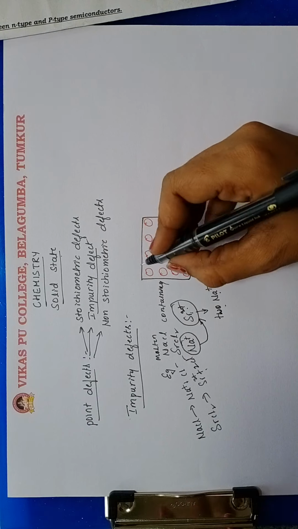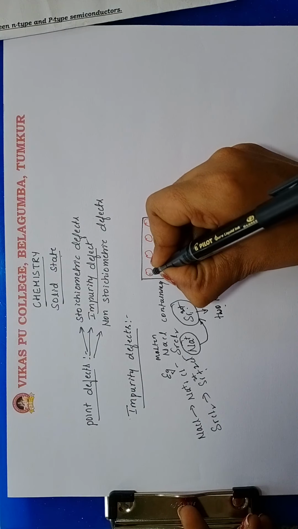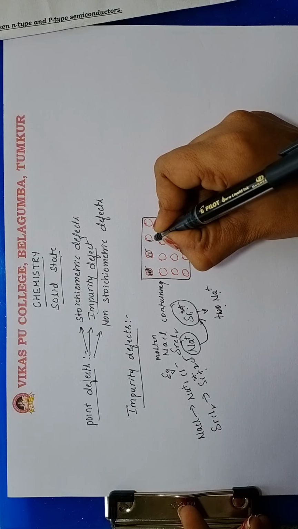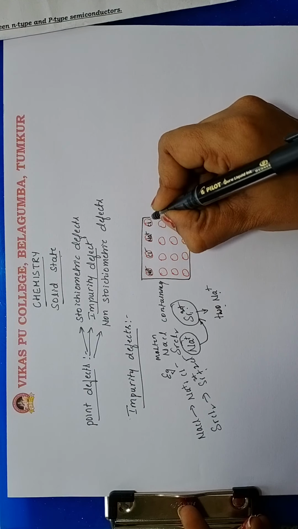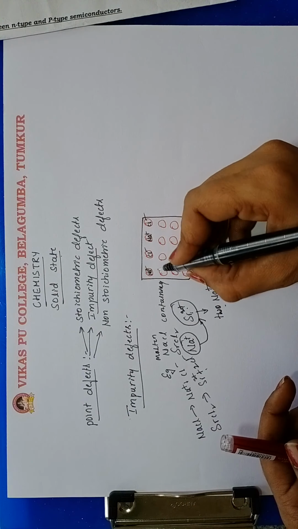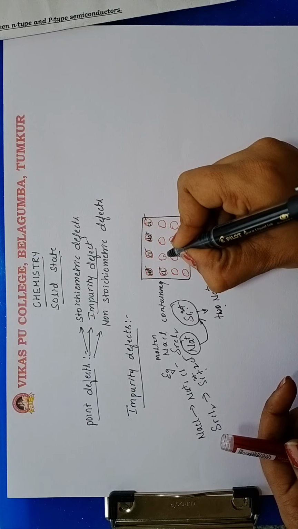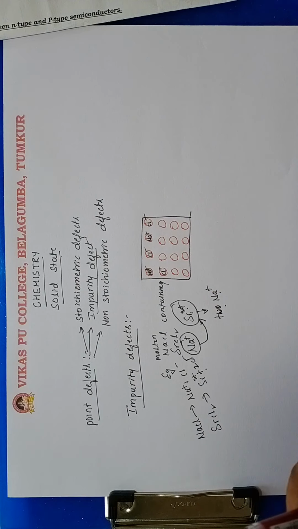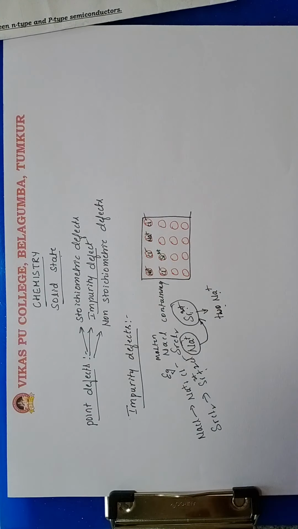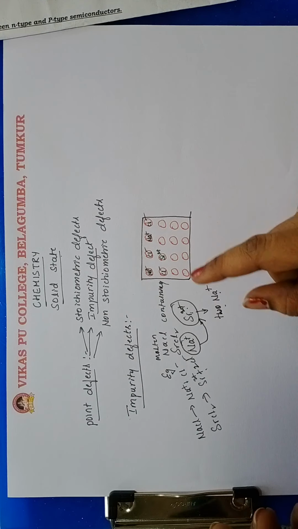Suppose we take Na plus, Cl minus, then Cl minus. Here, instead of Na plus, a strontium ion is present at the lattice site.